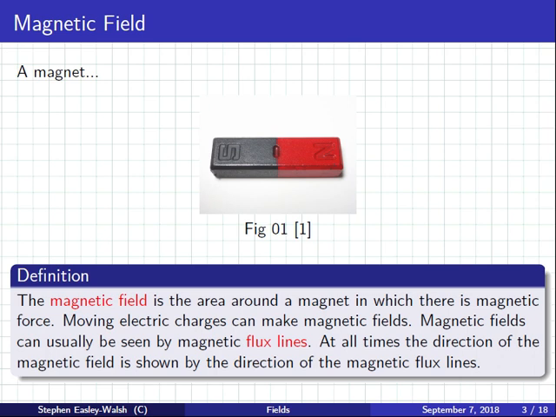EMF and internal resistance of a battery. That's the third one. Oh, one and two are the IV characteristics.